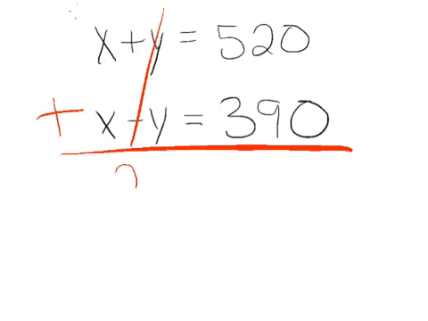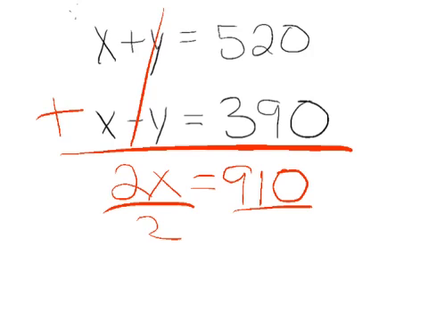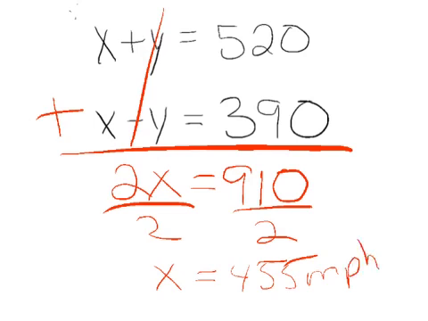My y's will cancel out, and I get 2x equals 910. And if I divide by 2, I get x equals 455. And because I represent an x with my airplane speed, 455 miles per hour is my airplane speed.